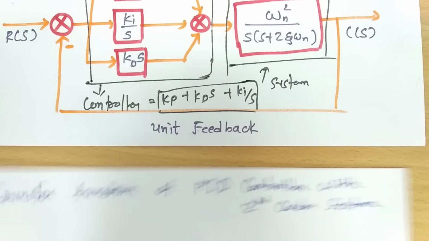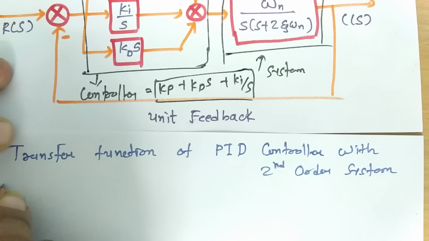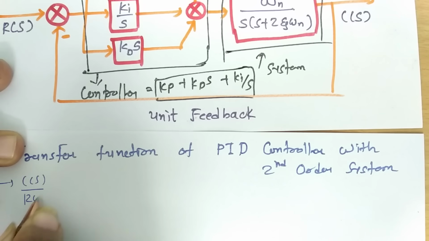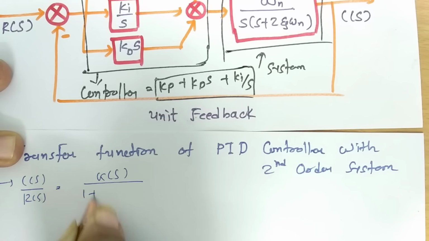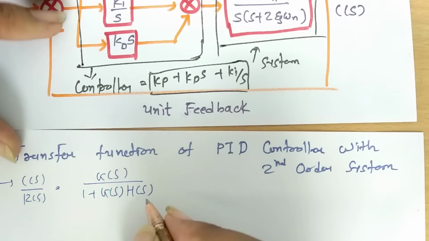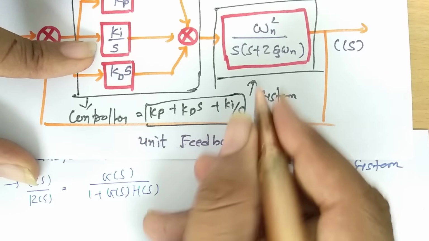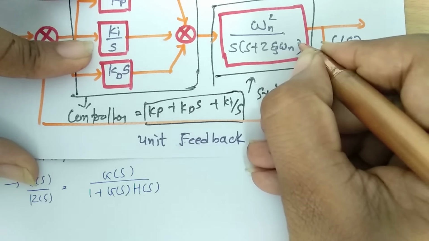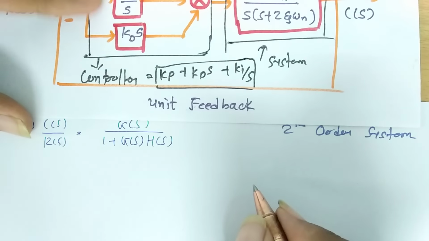Here the transfer function of this system, C(S) by R(S), is equal to G(S) divided by 1 plus G(S) H(S). Now here G(S) is Kp plus Kd S plus Ki by S, into omega square n, divided by S into S plus 2 zeta omega n. So this is how we have G(S), and H(S) is equal to 1.